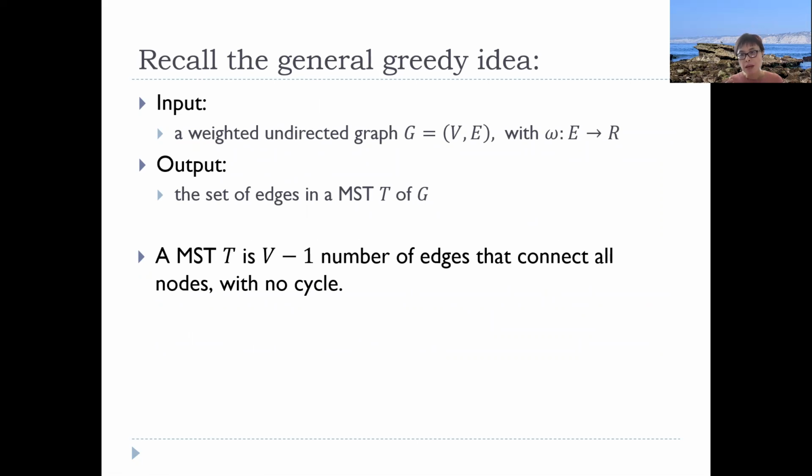So a minimal spanning tree is a spanning tree connecting all the nodes in the graph G. As such, there are V minus 1 edges, and since it's a tree, there's no cycle. So our goal is to find these V minus 1 edges that constitute the minimal spanning tree to connect all the nodes without any cycle.